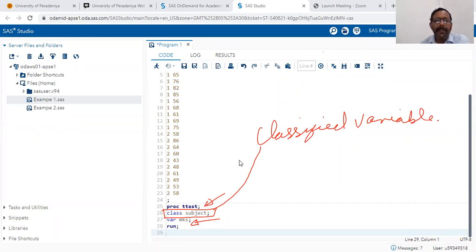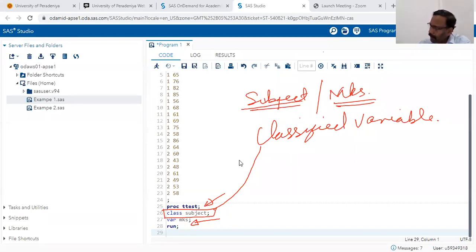How many variables have we entered? Look at the input: we have entered subject, that is one variable. The other variable is marks. We have entered two variables, subject and marks.